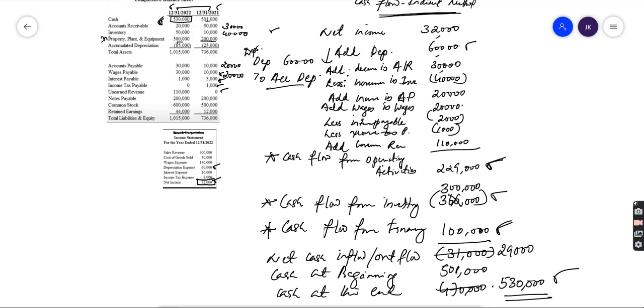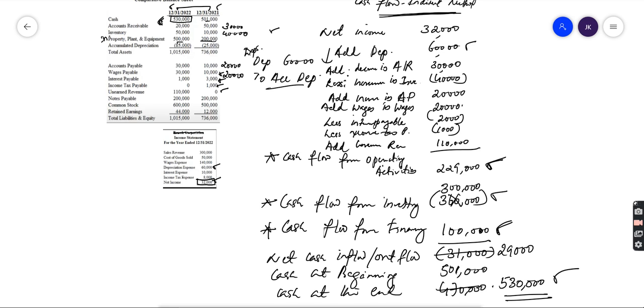We basically started off with the net income figure 32,000 and we reached the cash of the balance sheet, and that's the reason it's called a reconciliation method. Because basically we are reconciling from the net income figure to the cash, right?